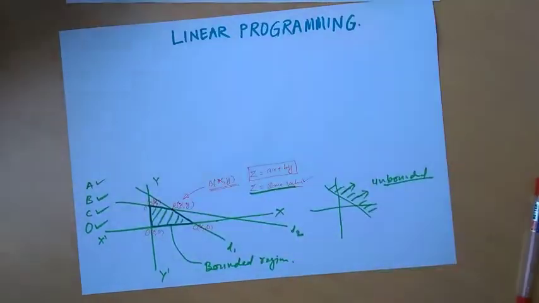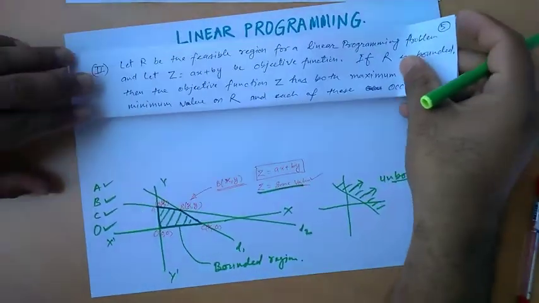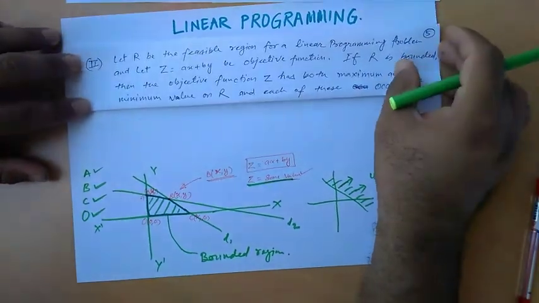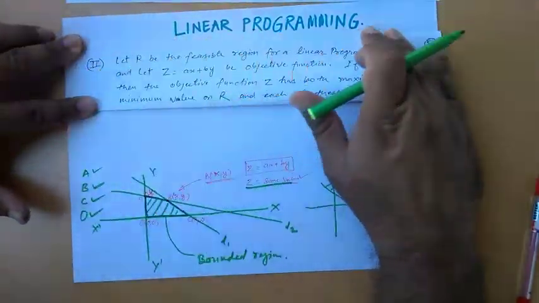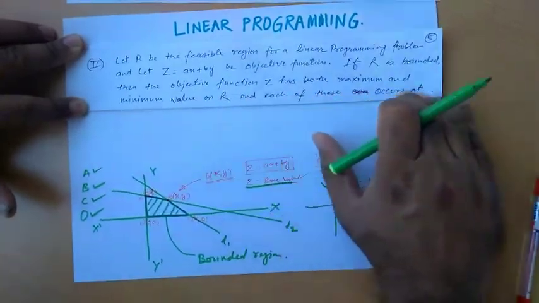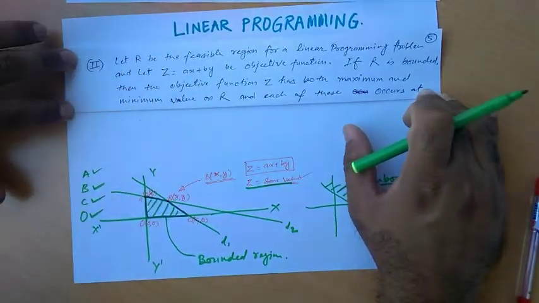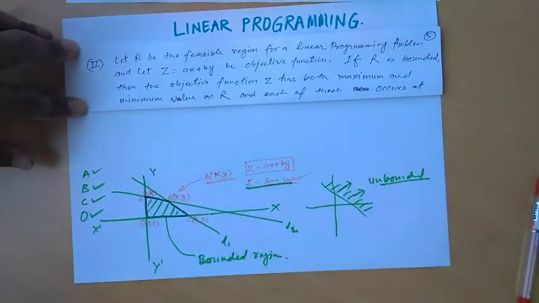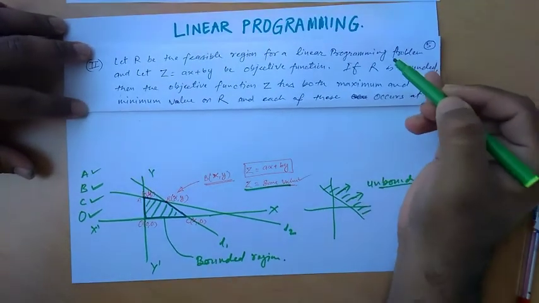So next slide we'll see. This is theorem number 2. Let R be the feasible region. Again, the same statement we have till objective function.